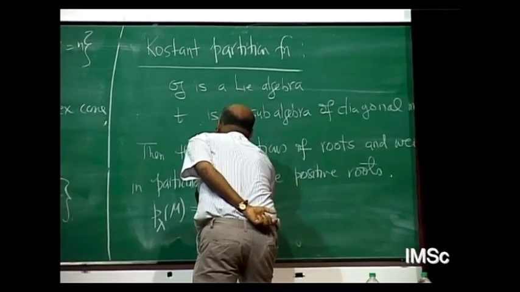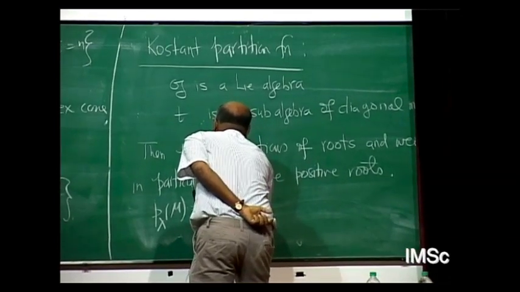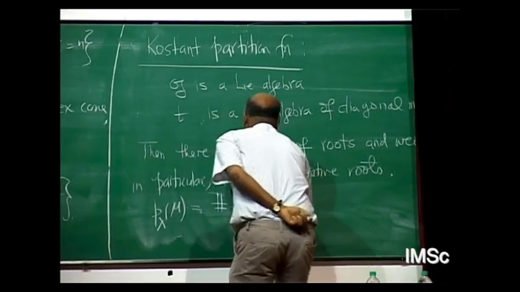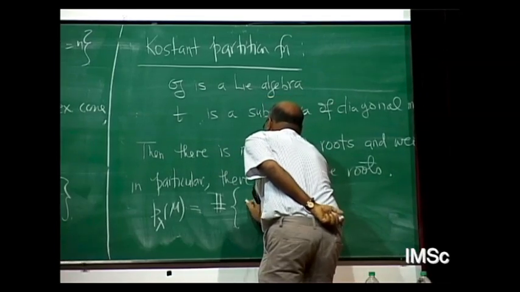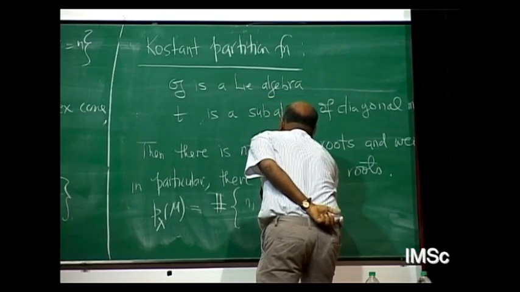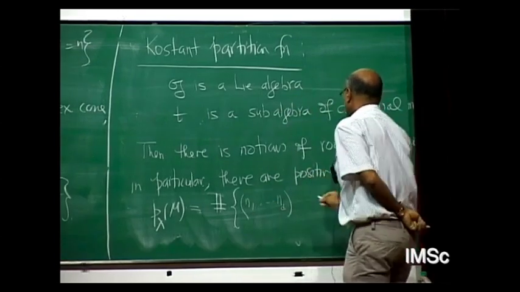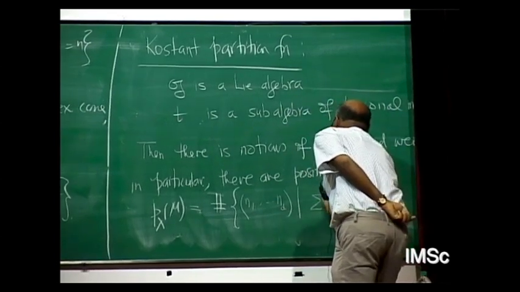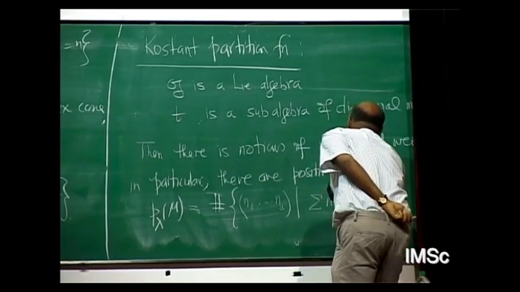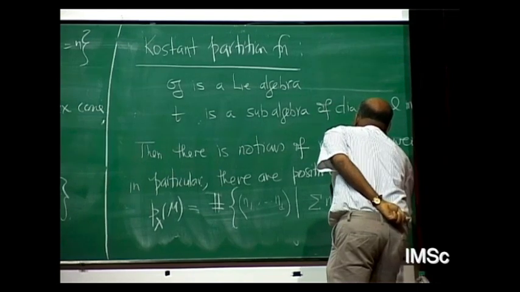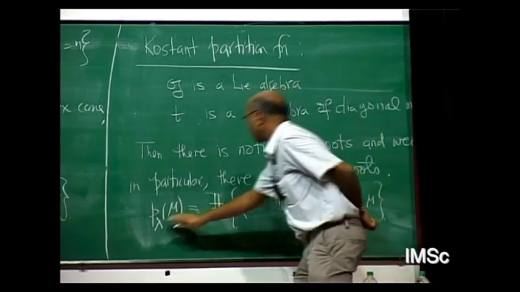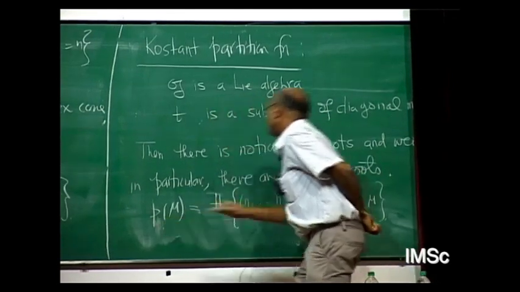This counts the number of n1, ..., nd, where the alpha i are positive roots, such that summation ni alpha i equals mu. So this depends only on mu.